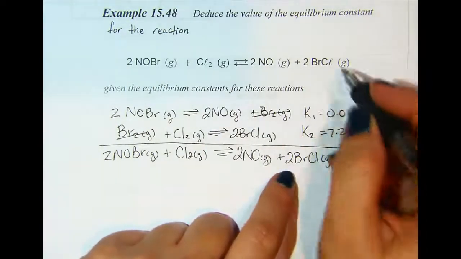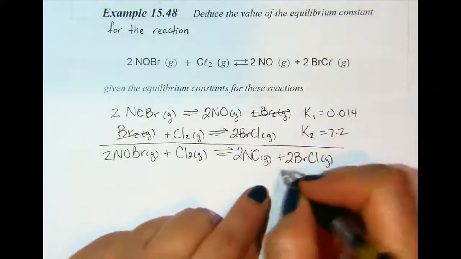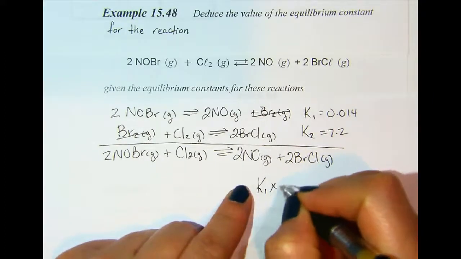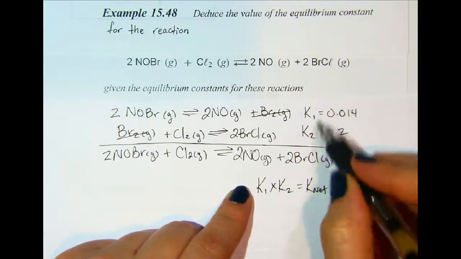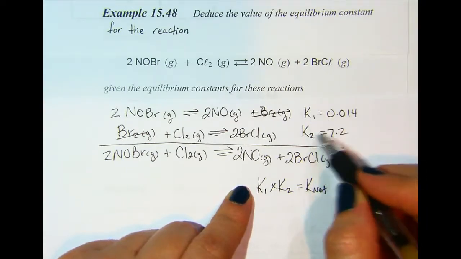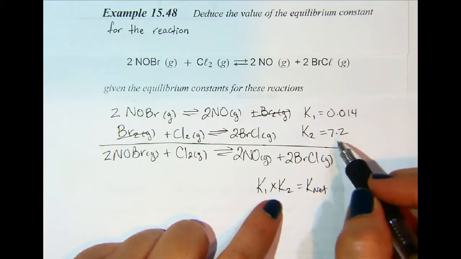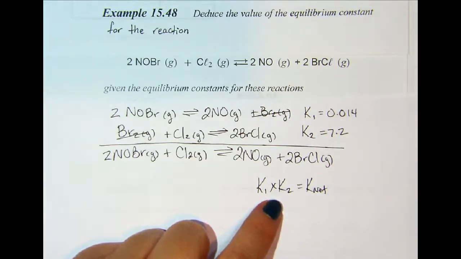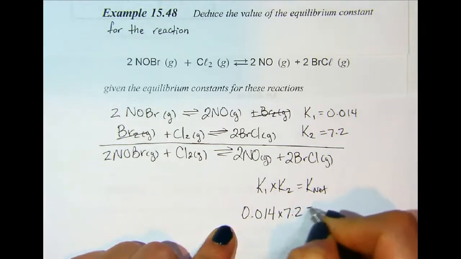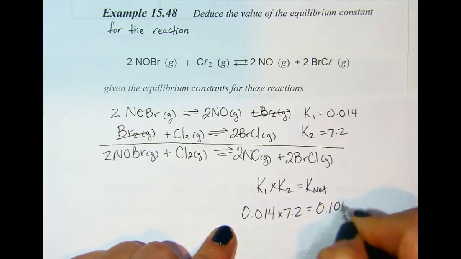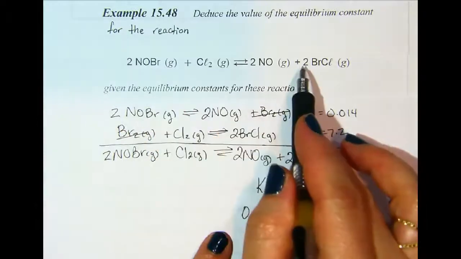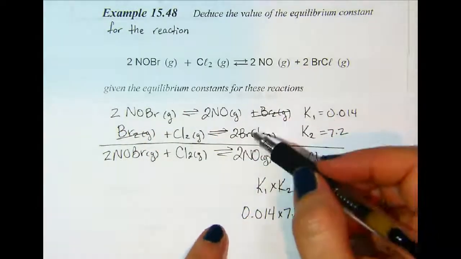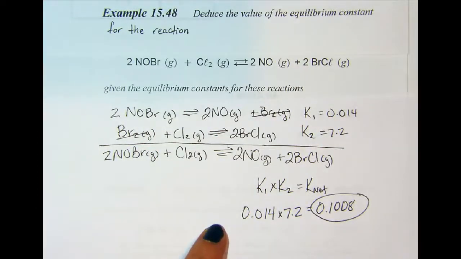So in order to get the K value for that equation, I simply need to take K1 times K2 to get my net K of the combination of these two equations. So I'm going to multiply 0.014 times 7.2, which gets me 0.1008. And that's going to be the K for this equation up here after we add these two equations together.